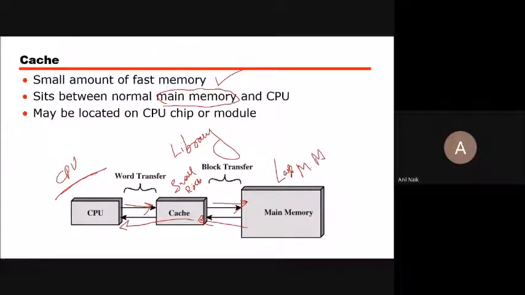Here the user will come and access the data. The librarian will initially check in the small racks. If the data is present, then he will transfer it, so very little time. If the data is not present in this small rack, the librarian will go to the large number of racks. Okay.